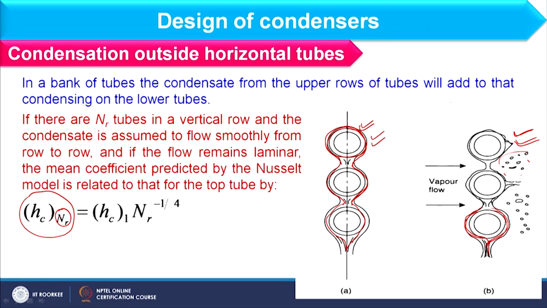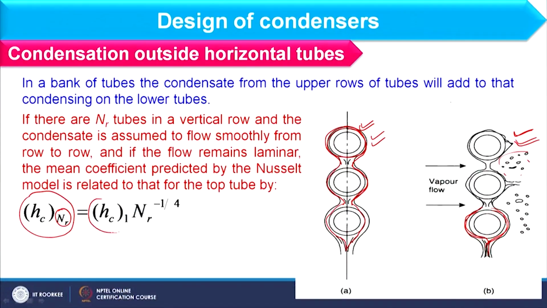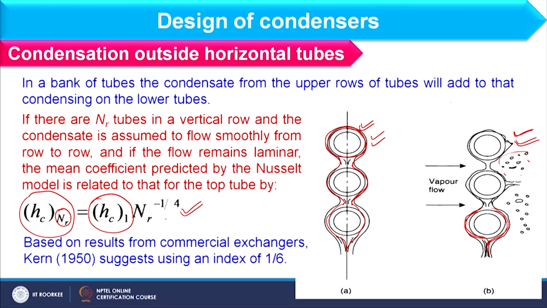So, for a bundle where Nr rows are available, the heat transfer coefficient we consider for a single tube should be reduced by Nr power 1 over 4.